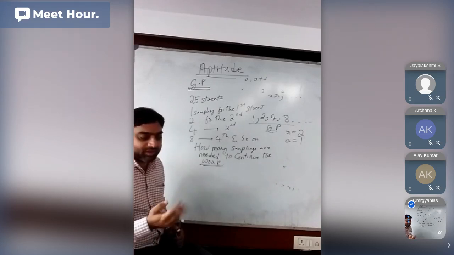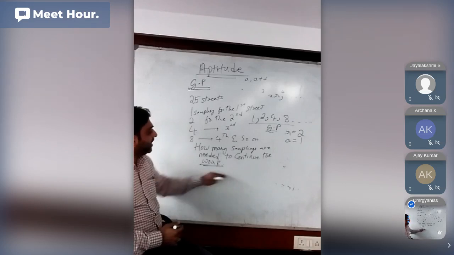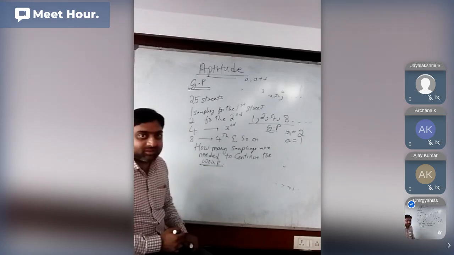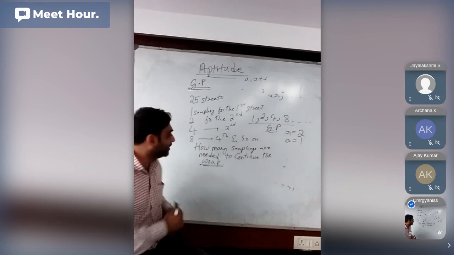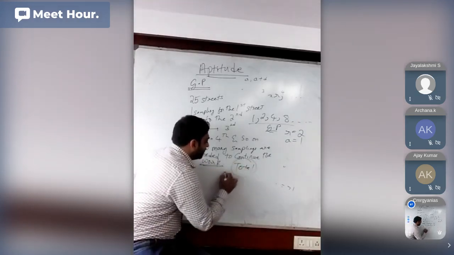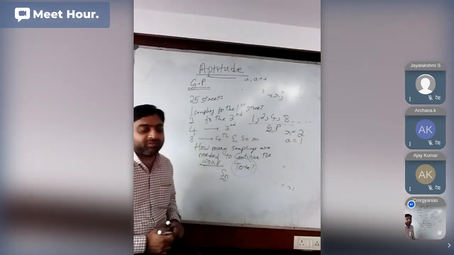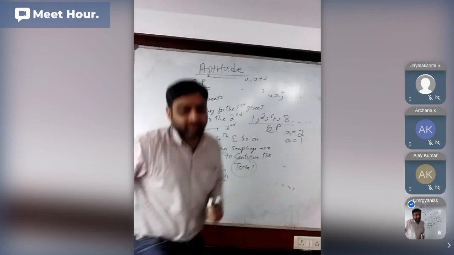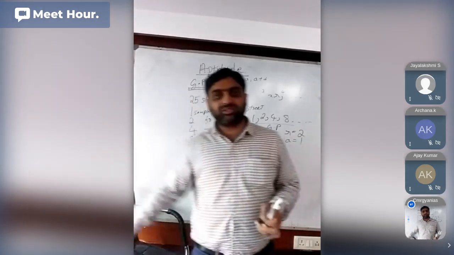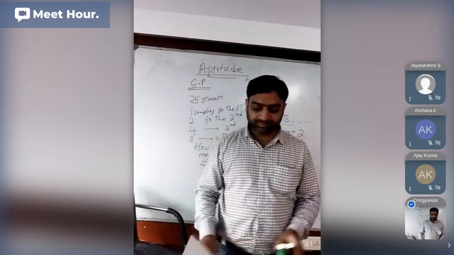You use the formula. How many saplings are needed, what are they asking? That means they're asking you the total, that means S of n. So use the S of n formula and come out with an answer. I give you 2 to 3 minutes time, and then I will come back and solve the problem for you.